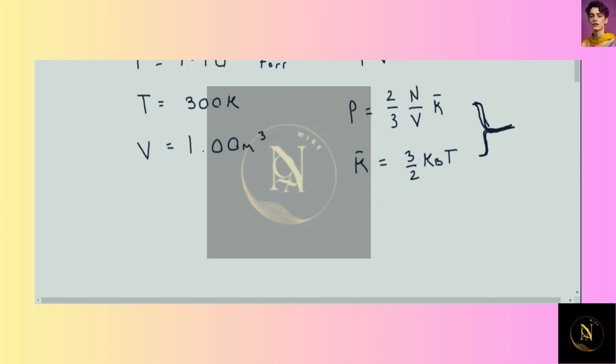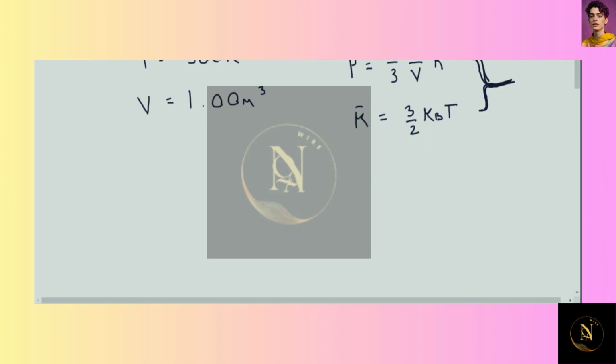So if we substitute in our expression for the average kinetic energy, we will get that P is equal to 2/3 and 3/2 cancel. So we will just have N over V kBT.